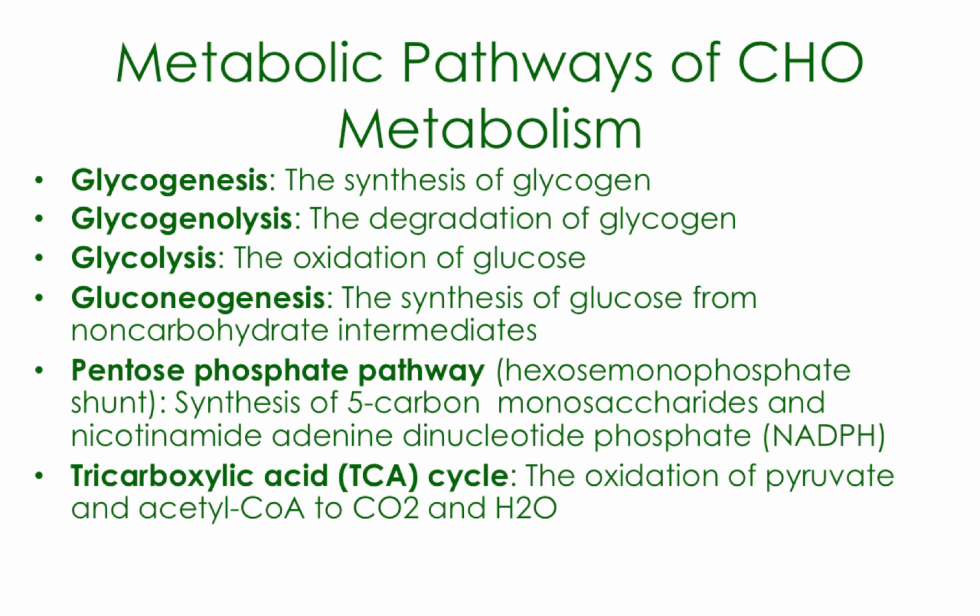Lastly, we have the tricarboxylic acid cycle, also known as the Krebs cycle and the citric acid cycle. This is one of the ultimate steps, the oxidation of pyruvate and acetyl-CoA to produce CO2, carbon dioxide, as well as eventually water through the electron transport chain and oxidative phosphorylation.